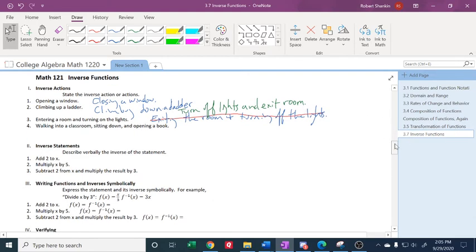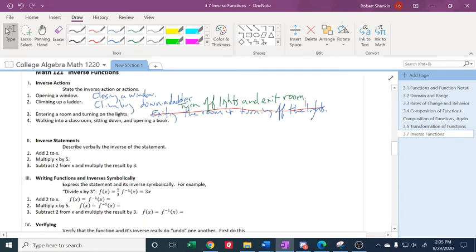So we're going to go down to describe verbally the inverse of the statement. The first one says add 2 to x. If I'm going to describe the inverse verbally, what's the inverse of adding 2 to x?